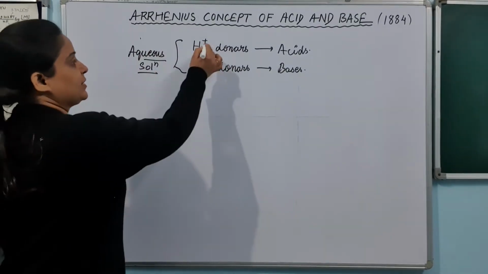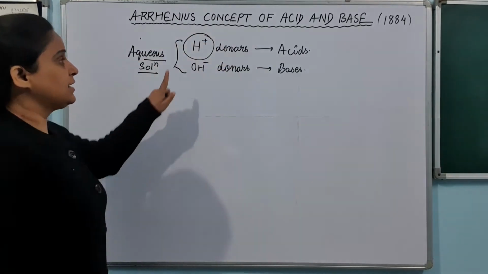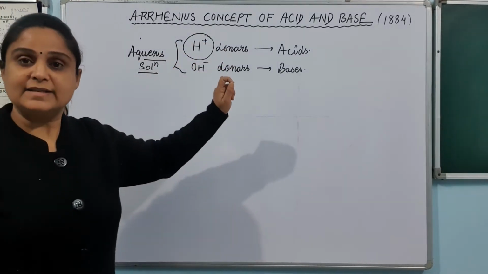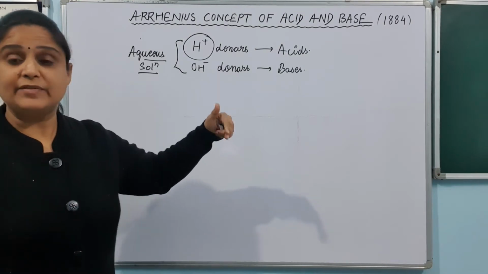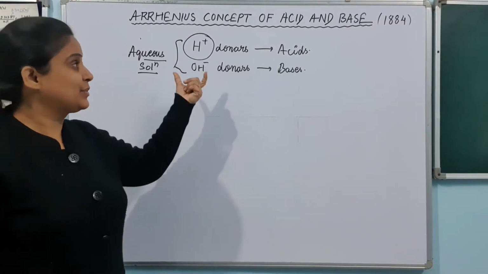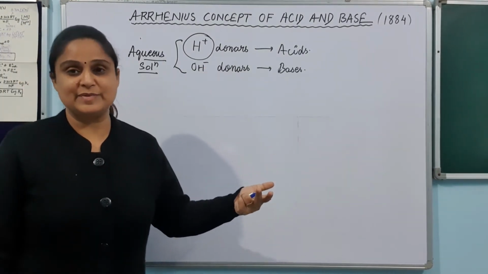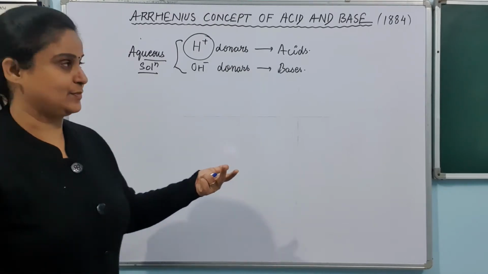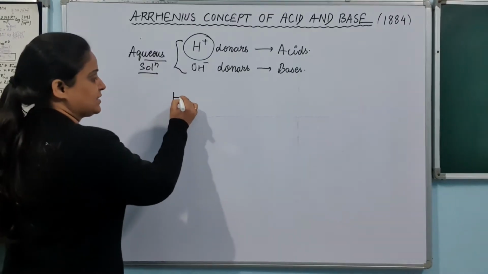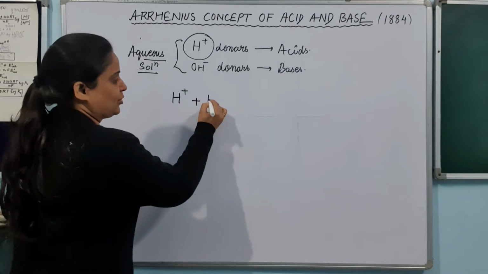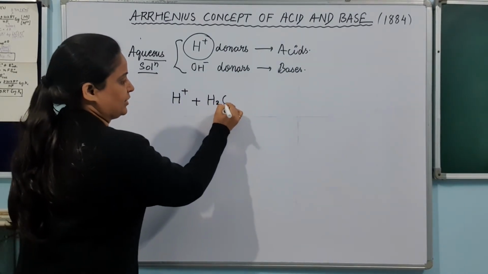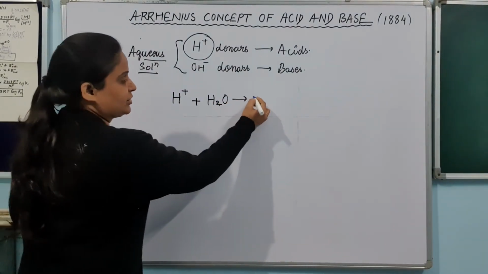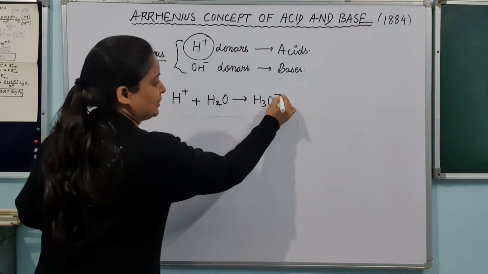Next thing you have to remember is that H plus ion does not exist as H plus ion. So why are we calling it H plus ion? For simplicity. Actually it exists in combination with water, forming hydronium ion.